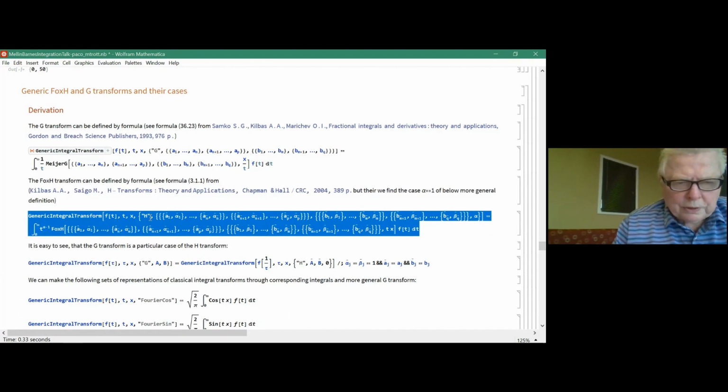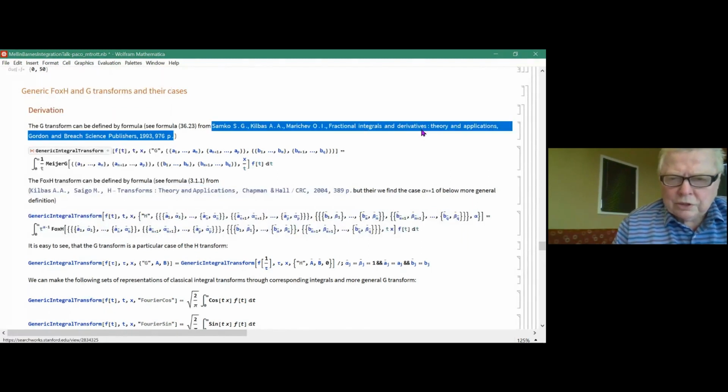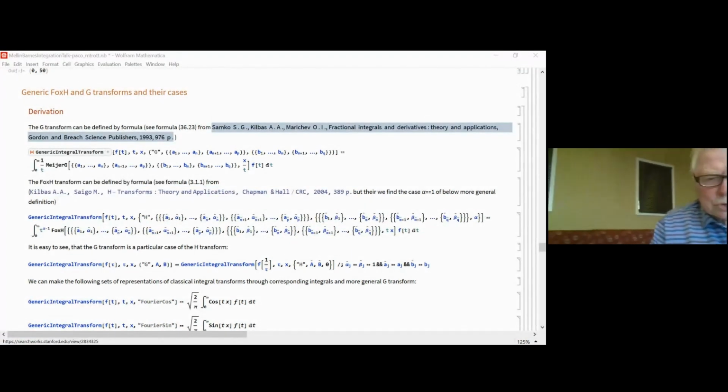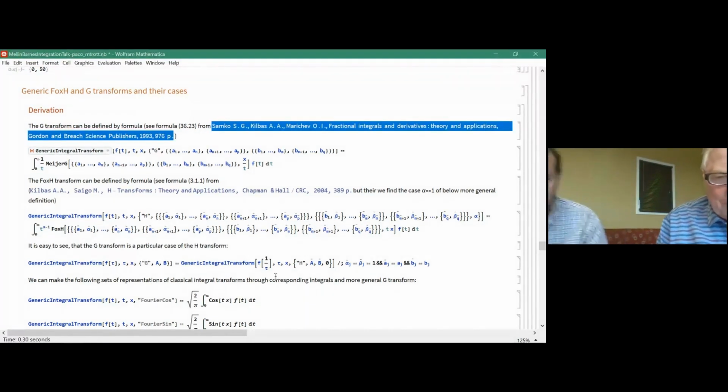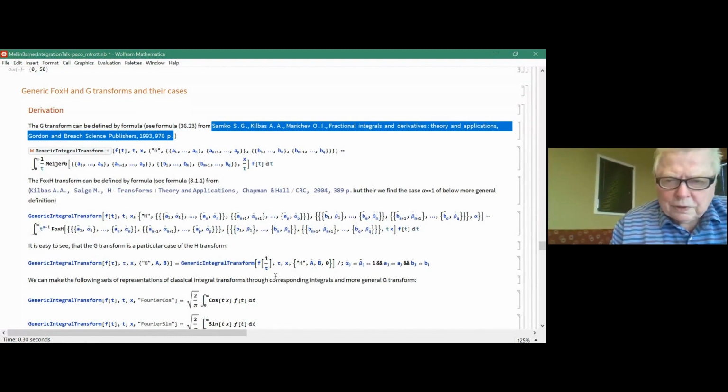It's under development right now, and all such researches were made in books. Samko, Kilbas, Marichev, fractional integrals and derivatives. Right now, a Chinese publishing house translated it to China, and we wrote a special appendix with description of fractional integral differentiation.